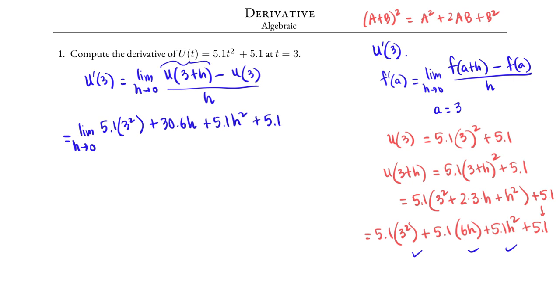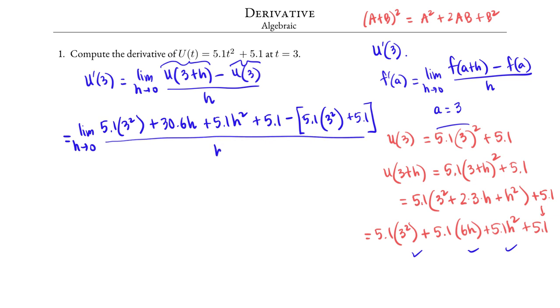This is u of 3 plus h minus, and we then use the bracket after the minus sign, but u of 3 is 5.1 times 3 squared plus 5.1. We need that bracket because we want to subtract this entire u of 3 from u of 3 plus h. In the denominator, we still have h.